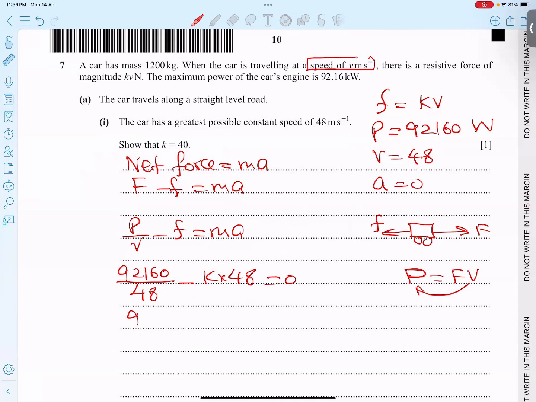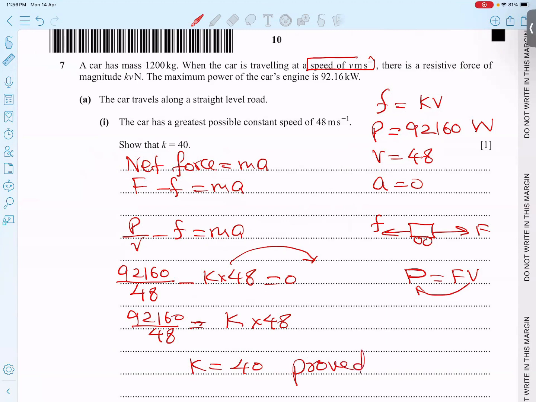So I bring 92160 over 48 is equal to k times 48. If I divide by 48, and if we check it, the answer turned out to be 40. Proved. So Alhamdulillah Rabbil Alameen, this is done.